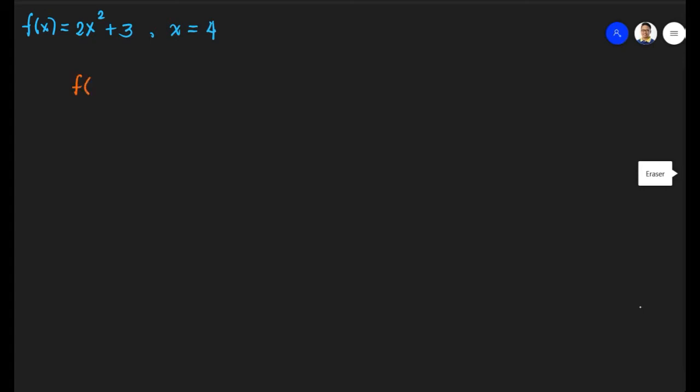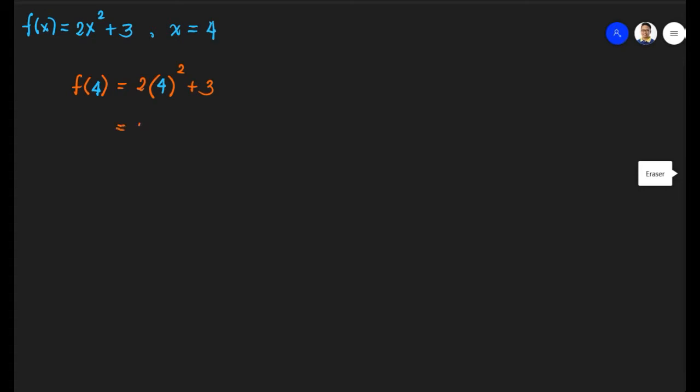F of, instead of writing x, we're going to be writing now 4, equals 2 times 4 raised to the power of 2 plus 3. After substituting the value of x, we are just going to simplify the right side of the function.